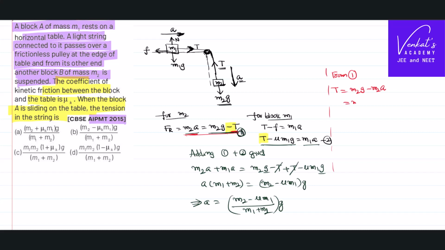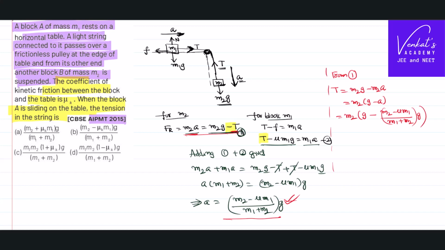That is M2 of G minus A. But I know the value of A already. I have derived an equation for that. Just substitute that. M2G minus acceleration means whatever the equation that we have derived. How much is that? M2 minus mu M1 by M1 plus M2 of G.